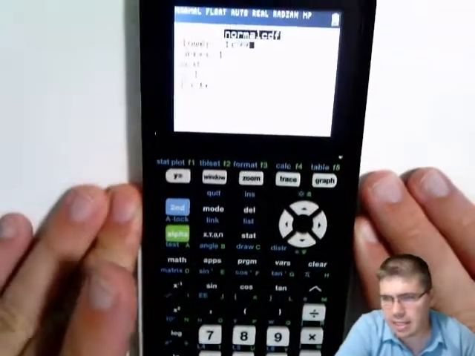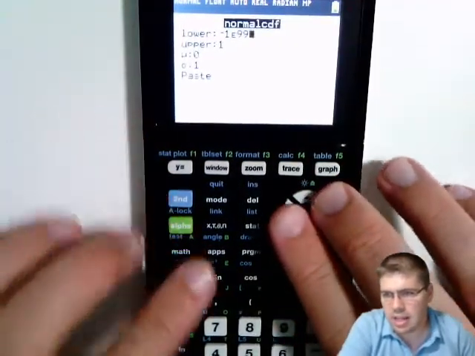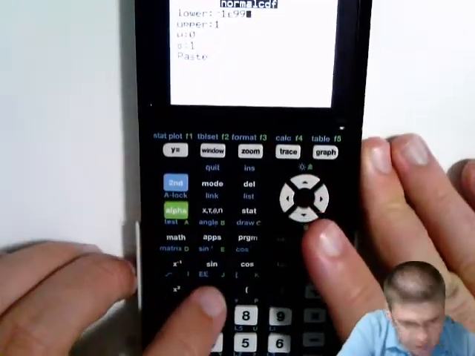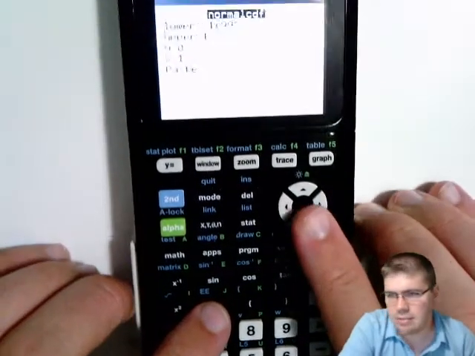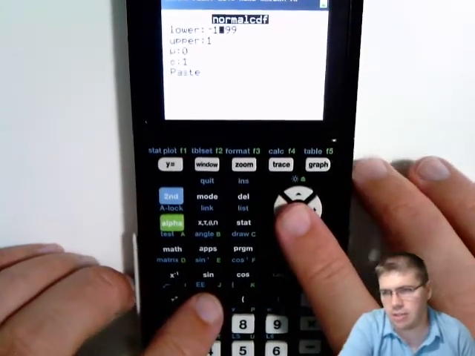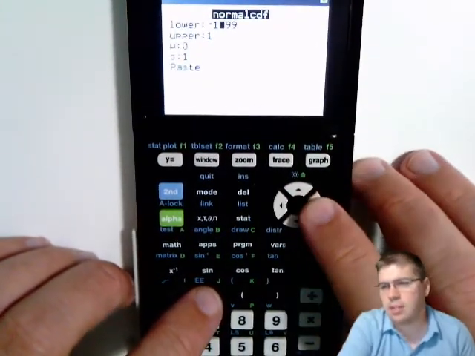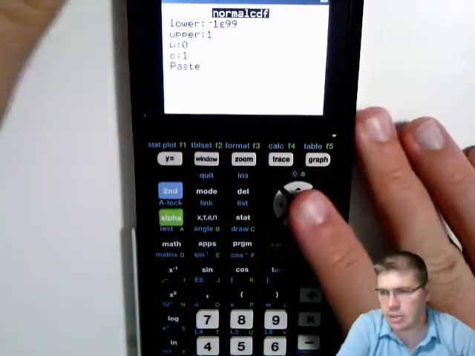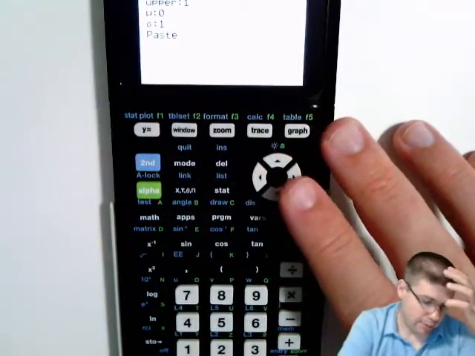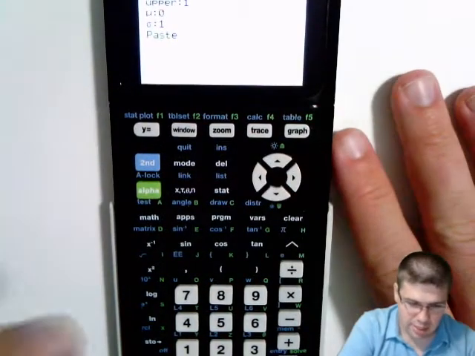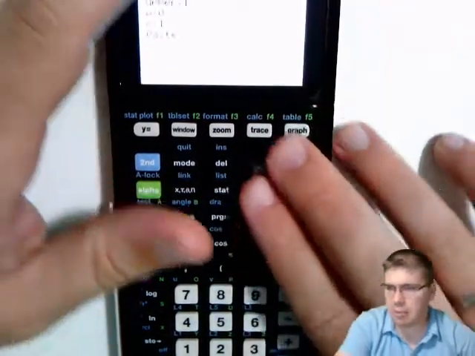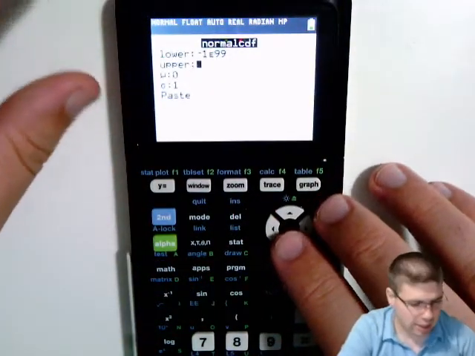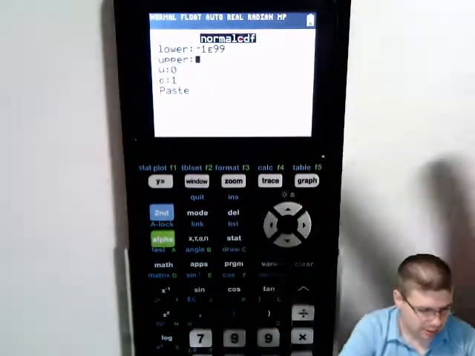The way I got that, I typed in -1, and then I hit second, and then where the double E is, that's our calculator's version of scientific notation. So this is -1 times 10 to the 99th power. So it's a 1 and then 99 zeros after it. I believe that's the maximum number of digits this calculator can hold in its memory. If you go beyond that, you'll break your calculator. Not actually break it, but all right.